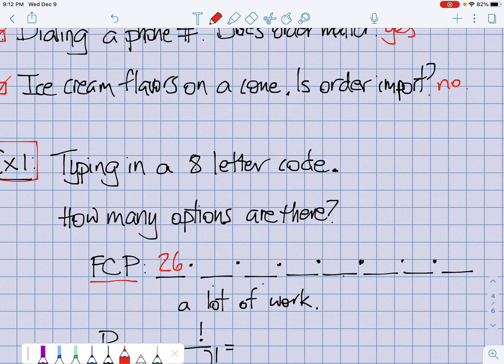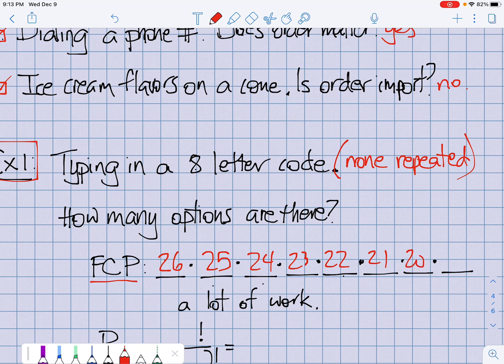And I'm going to say for the sake of this problem that none are repeated, meaning you can't use a letter once you've used it. So 26 times 25, because there's one less, times 24, 23, 22, 21, 20, 19. Multiply those all out, get your answer.